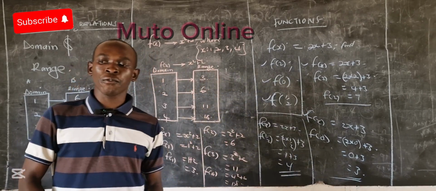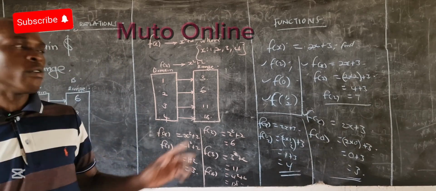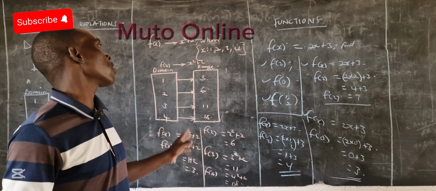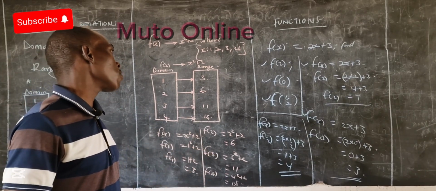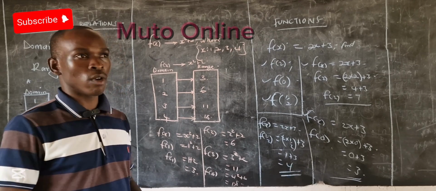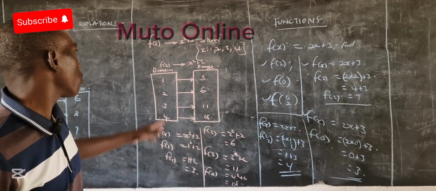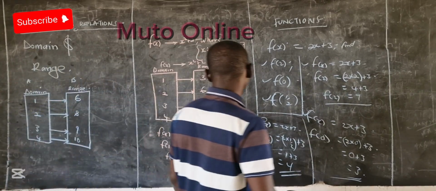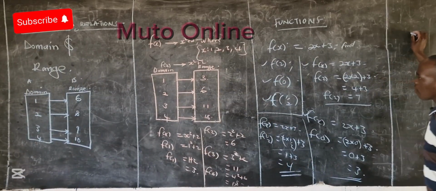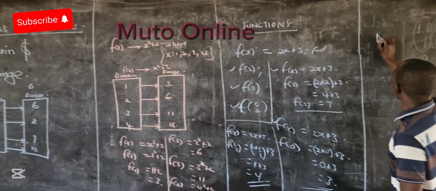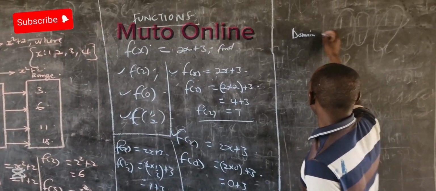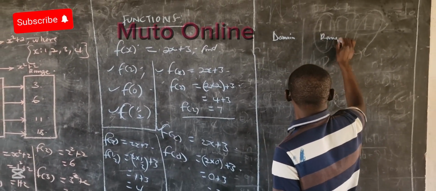Now that we've got the different values, f of 2, f of 0, and f of a half, in case you are required to represent this information on an arrow diagram, you still have to come here and say, for an arrow diagram, I'll have the domain part and I'll have the range part.